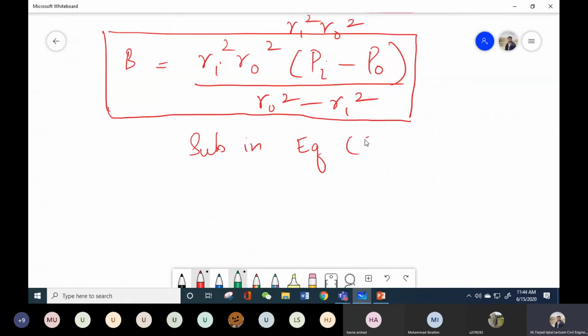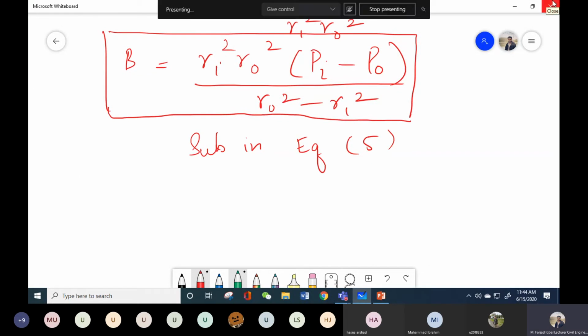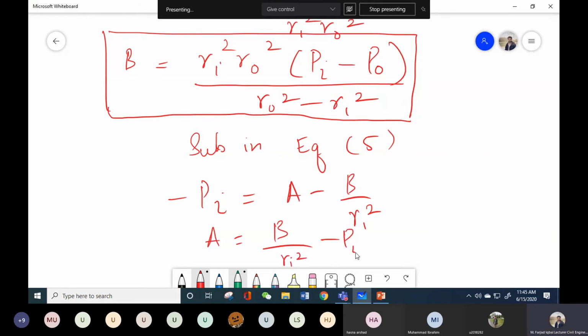I will write it again: minus pi is equal to a minus b over ri square. So the factor a will be equal to b over ri square minus pi.